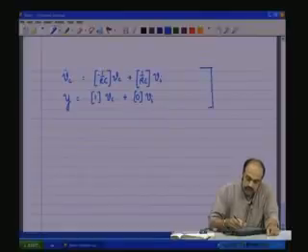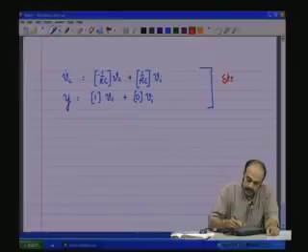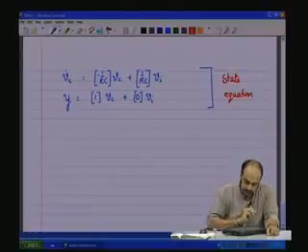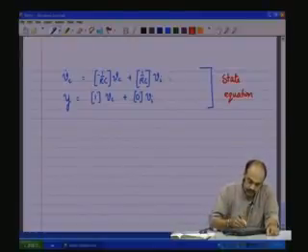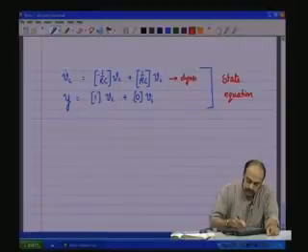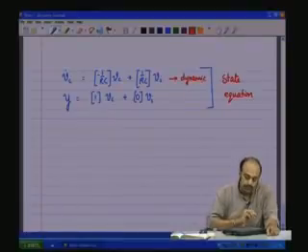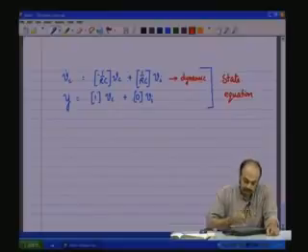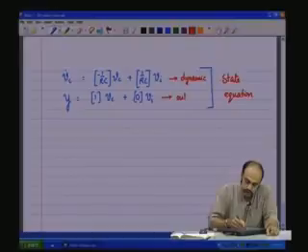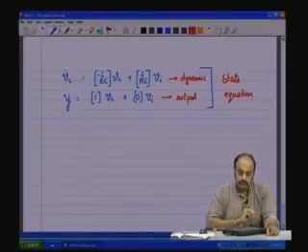So these two equations together are called the state equation for that circuit. This is the dynamic equation, which is a first order differential equation, and this is the output equation here.